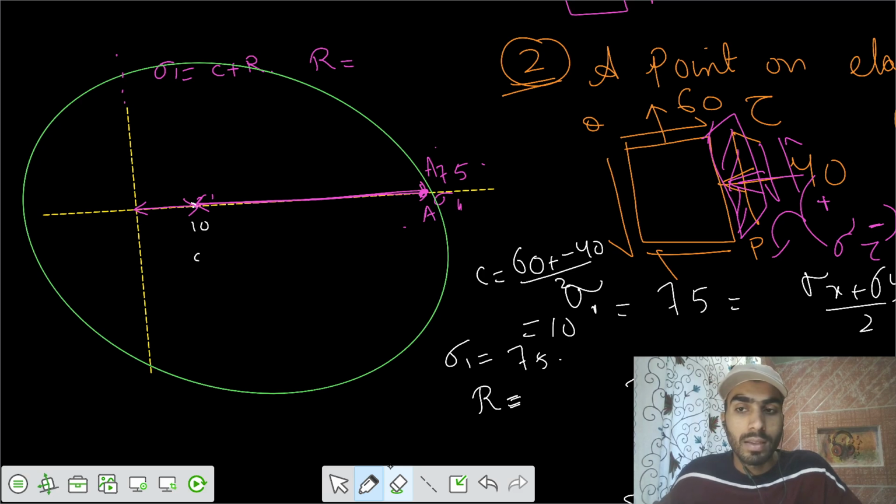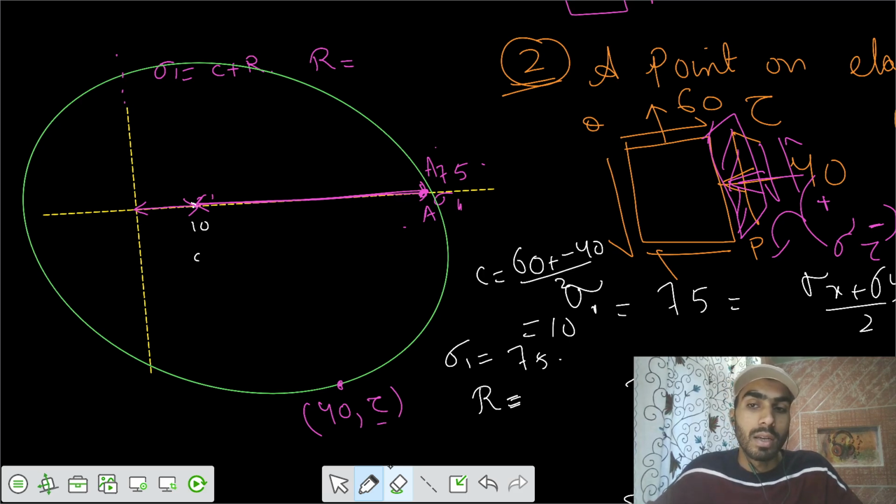So 40 is somewhere here: 40 comma tau, 40 comma minus tau, and opposite that there would be, yeah, it's compressive, that's negative, minus 40 comma tau. Sigma is also negative, and tau is also anti-clockwise, so both are negative: minus 40 comma minus tau.